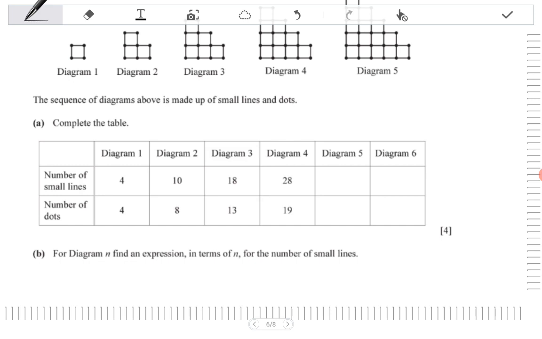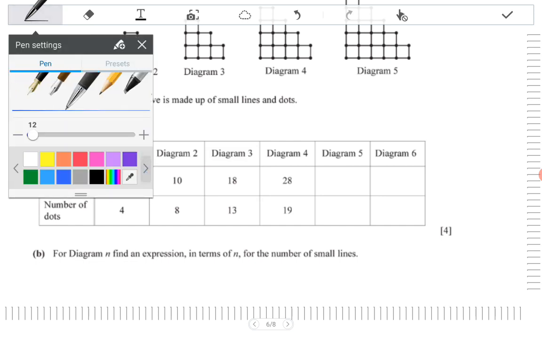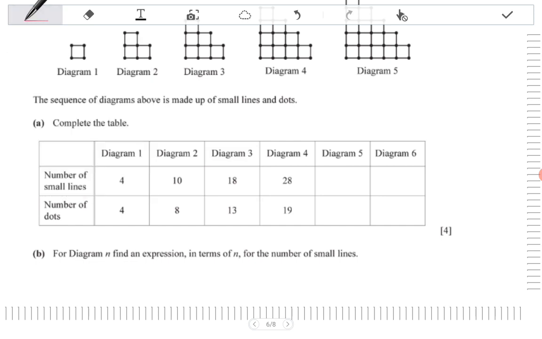If I write here what is going on: plus 6, and then plus 8, and then plus 10. So you can guess what the next should be, plus 12.